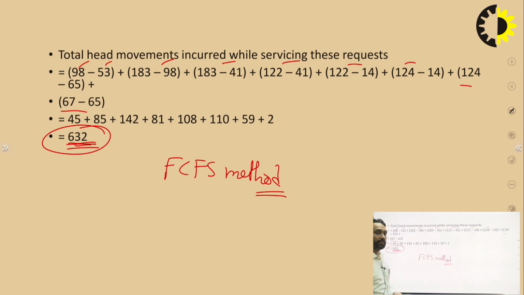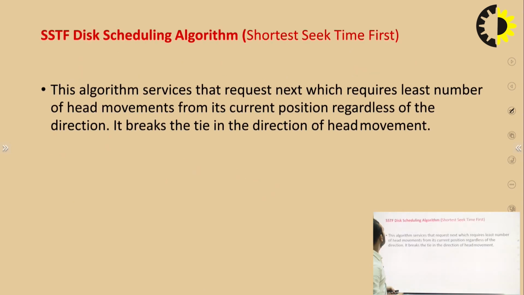And now we will take the same example by using the second method, that is known as SSTF, shortest seek time first. As the name defines, in this method we prefer the head location that has minimum seek time, or as we can say, we will make an ordered list in ascending order of the head movement from one location to another.